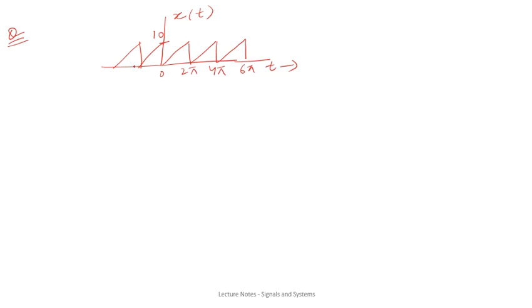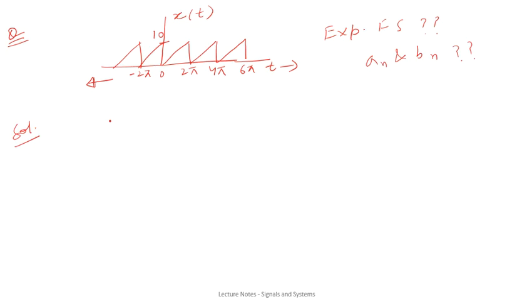Okay, this is minus 2 pi and so on. Now the question here is you have to find the exponential Fourier series for this waveform, and using the coefficients of this exponential Fourier series obtain the an and bn of trigonometric Fourier series.